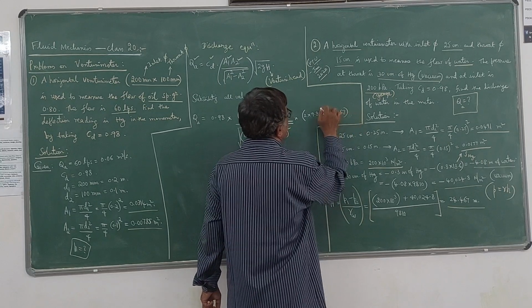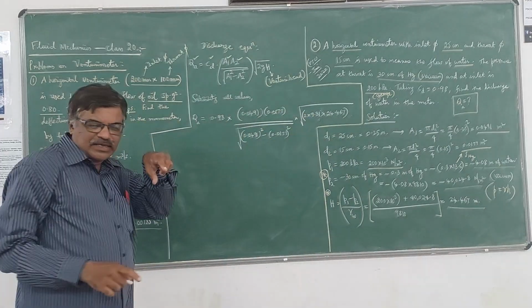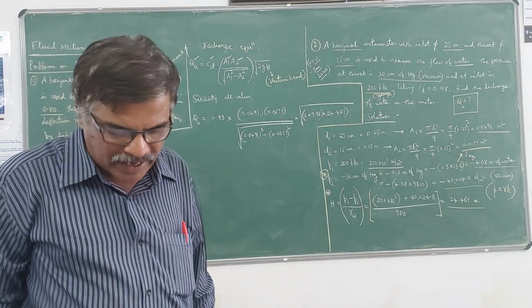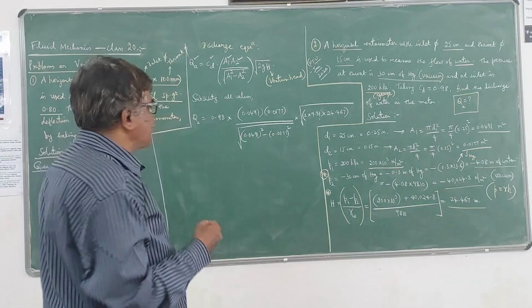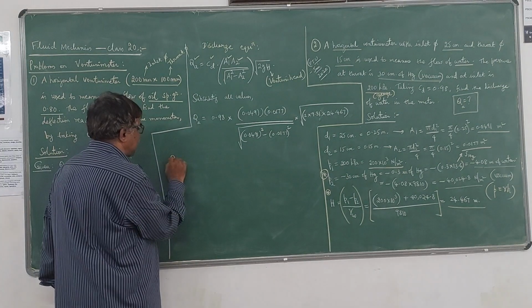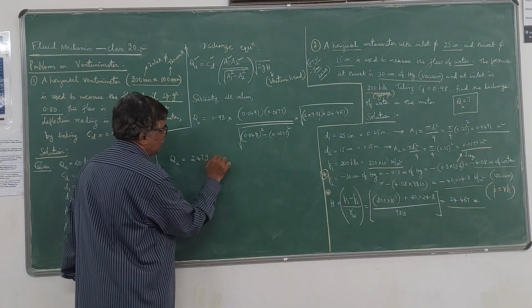This entire thing is under root. Now, if you simplify this entire thing in the RHS, you will be getting the value of Q directly in terms of meter cube per second, which is 2.479. So you can just check this value, 2.479 meter cube per second.